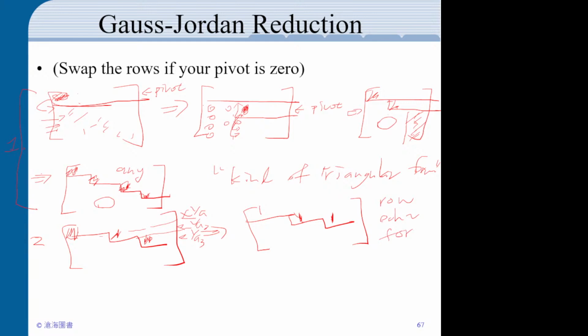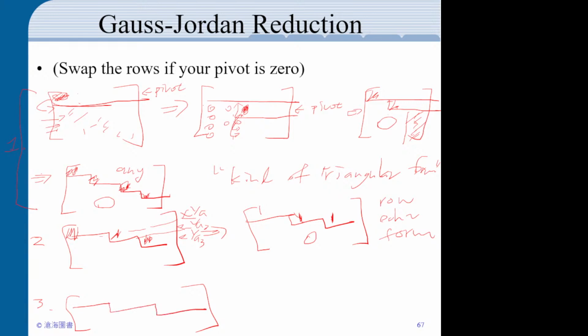Okay, and finally the third step, we want to get from row echelon form to reduced row echelon form, and remember those are all 0. And what we do is we take those 1s and try to eliminate things up to them.